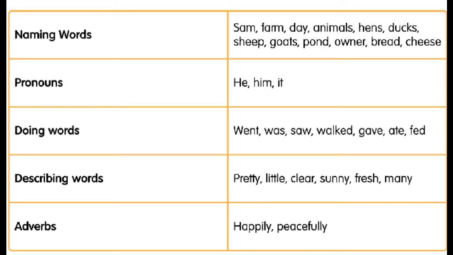Doing words: went, was, saw, walked, gave, ate. Now what are the describing words here? Pretty, little, clear, sunny, fresh, and many. Adverbs: happily, peacefully.